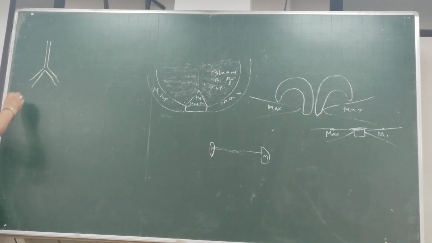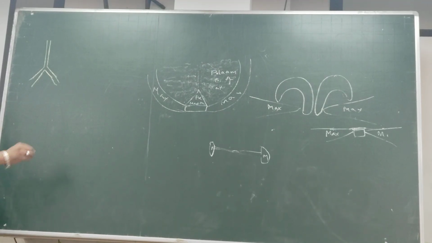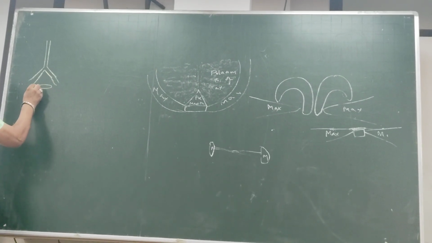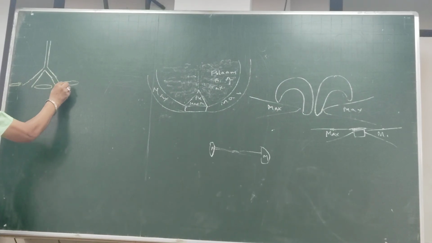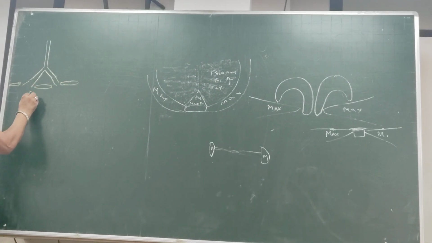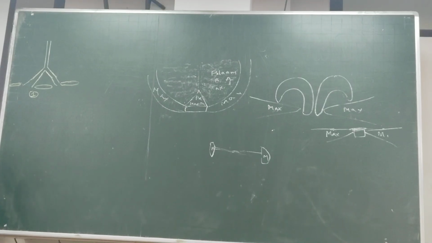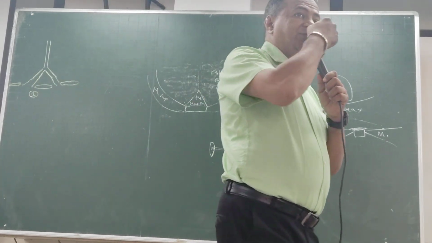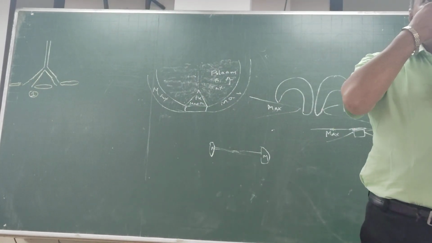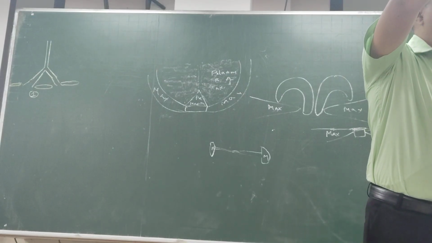Then at that point, the person will have bilateral cleft lip with cleft palate, because maxillary processes have failed to fuse with each other, and they have also failed to fuse with the premaxilla. Anybody who has not understood till what I am talking?